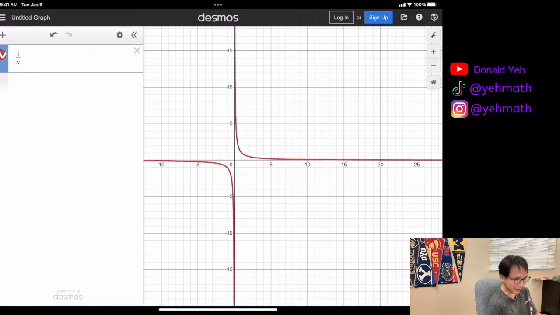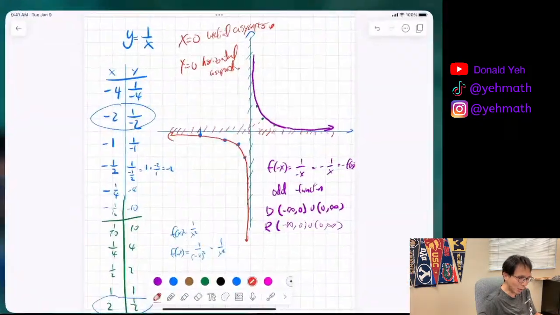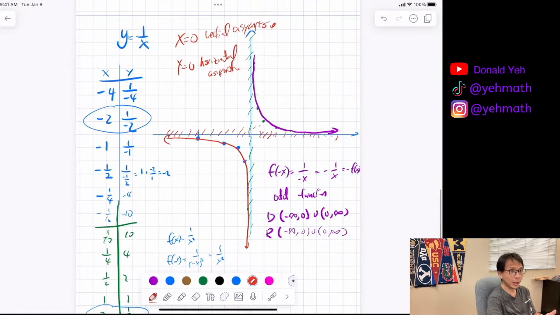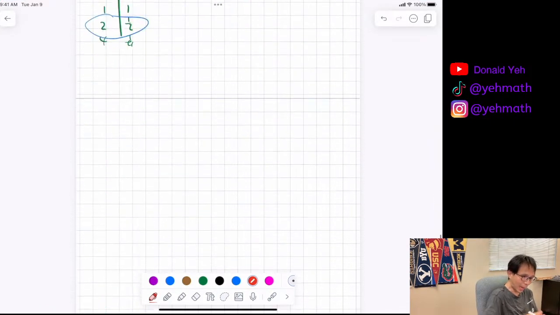Okay. All right. So this is a 1 over x graph. Now we're going to learn how to transform this graph as well. So imagine, how would I transform this? What do you think this graph does? Does it shift to the left?